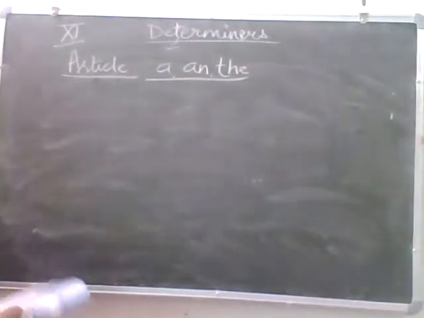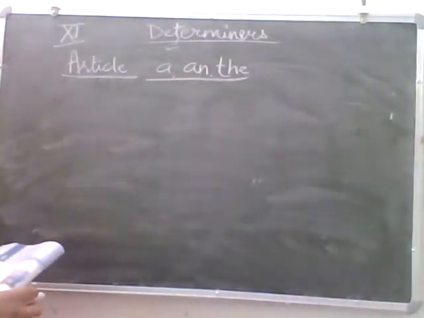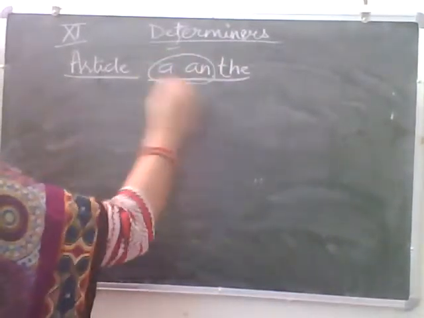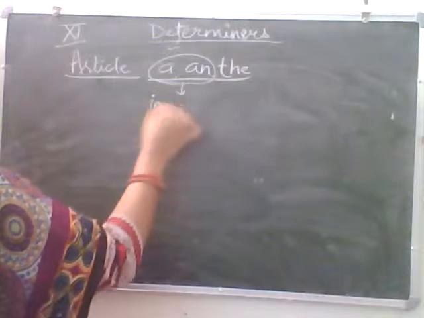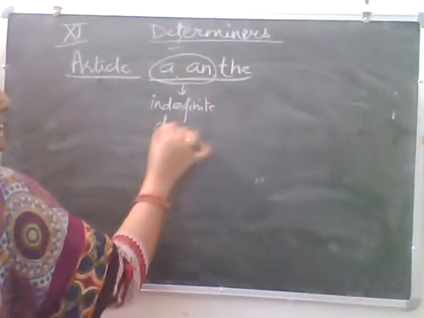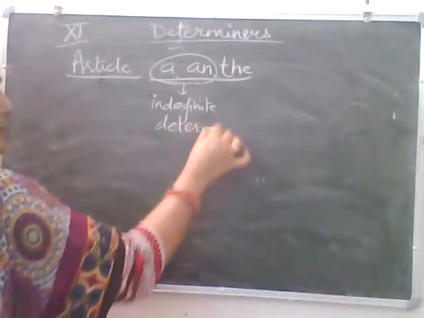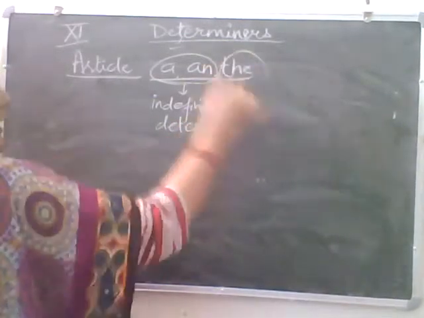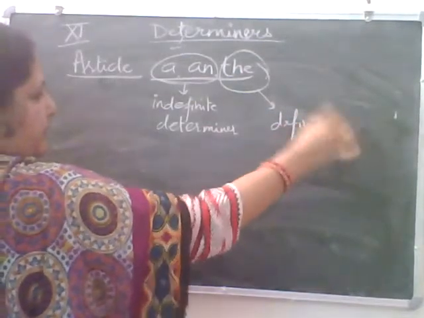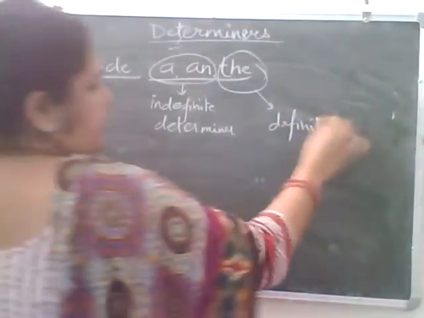As it is clear, a and an are indefinite determiners, whereas the is the definite determiner.